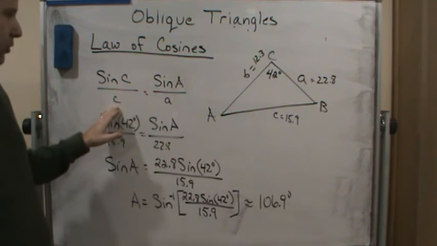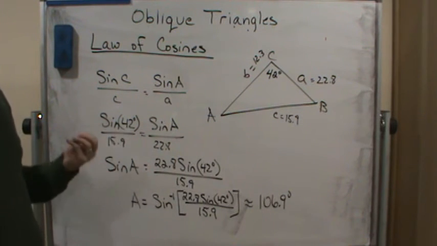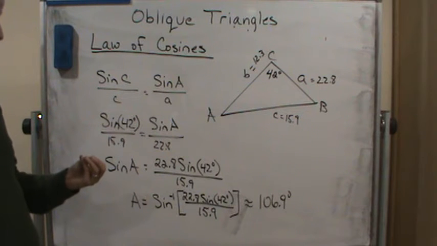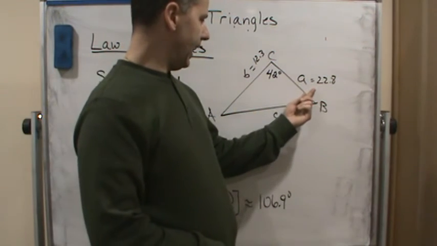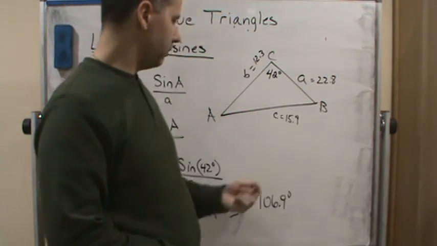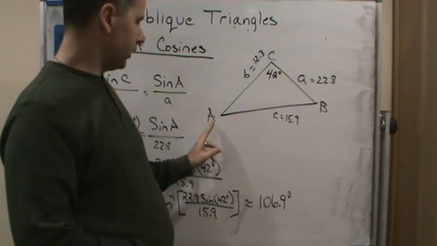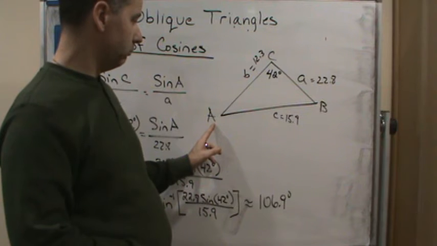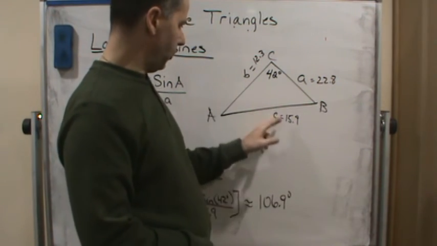Now, here's the thing. I didn't have to use the law of sines to get this. I could have also used the law of cosines. Because now that I got C, I can use C and A, right? And solve for cosine A. Or in fact, if I wanted to solve for cosine A, I'd need these two, right?